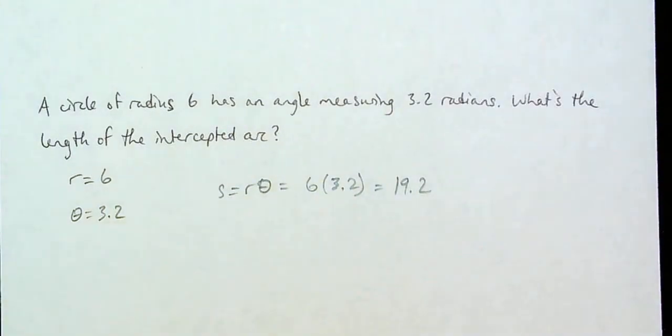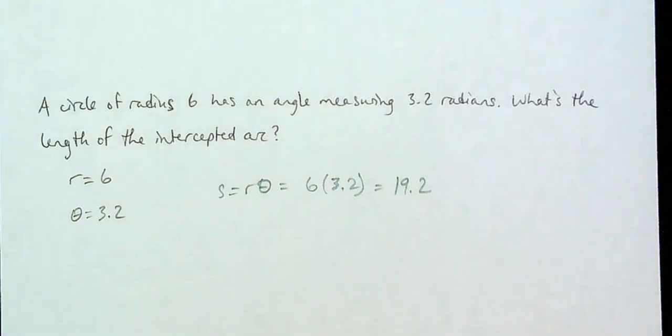Again, if there was a unit provided, you would include your unit as well. But those are just really basic, really straightforward problems to get you practice with finding measurements of portions of circles or aspects of circles involving radian measure.